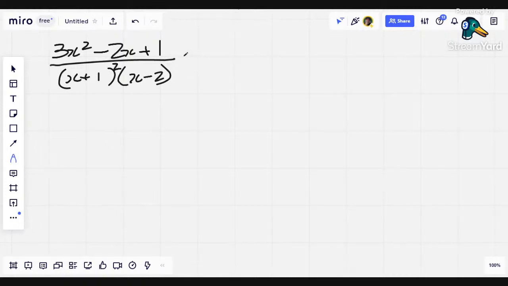So what we have, we've got three potential factors on the bottom. This one here is represented by x plus 1 squared. We have to represent each possible power.